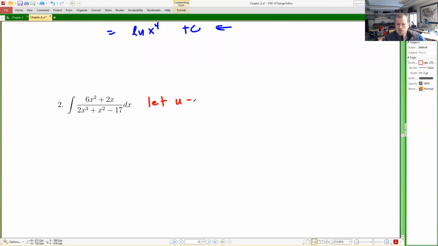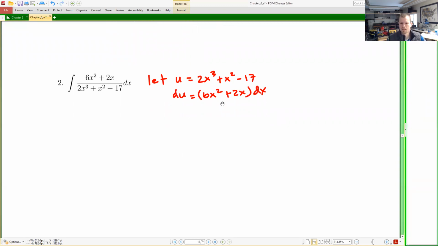So let's let u be equal to 2x cubed plus x squared minus 17. Then du is equal to 6x squared plus 2x dx. And now we can perform a substitution.